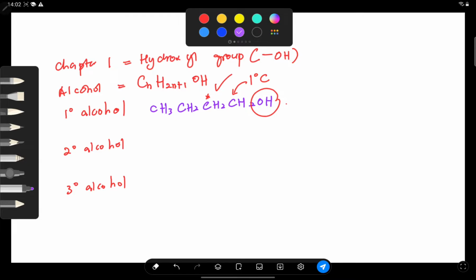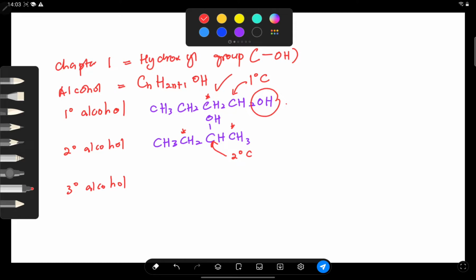How about secondary alcohol? This carbon is a secondary carbon. Why? Because it is attached to two carbons, at the right and left side.